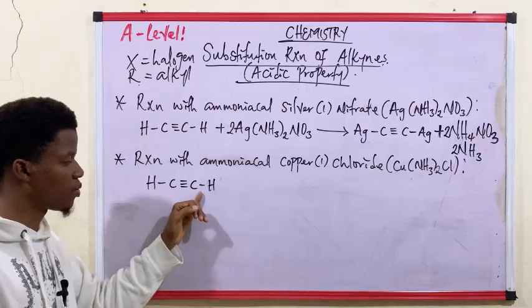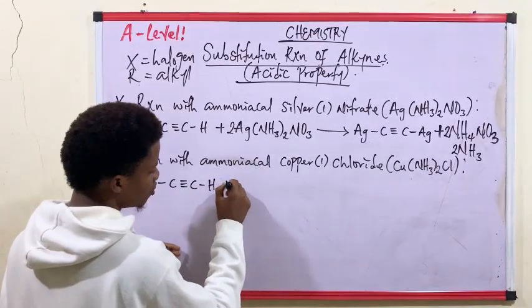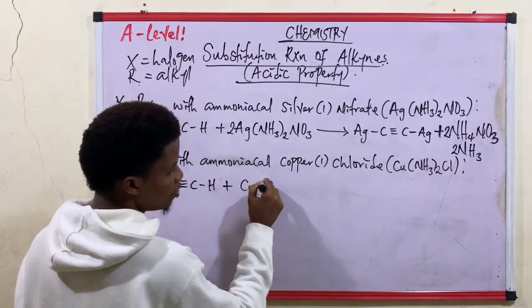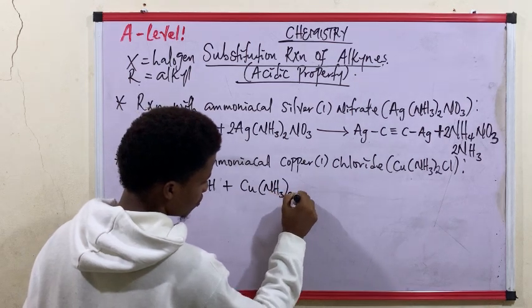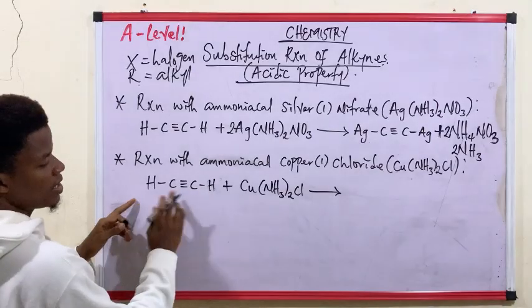So plus ammoniacal copper 1 chloride, what do we have? Cu NH3 Cl.